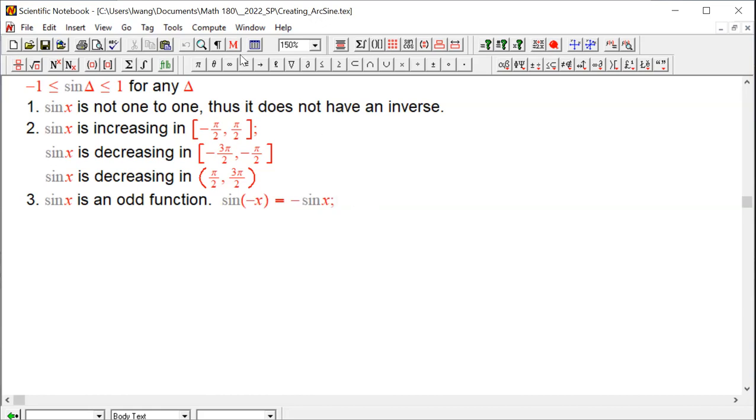Or you can express it the other way: sine x is the negative of sine of negative x. How do we get that? We just simply multiply a negative sign on both sides. So this is another way to express that sine is an odd function.